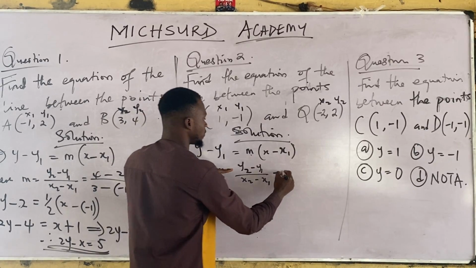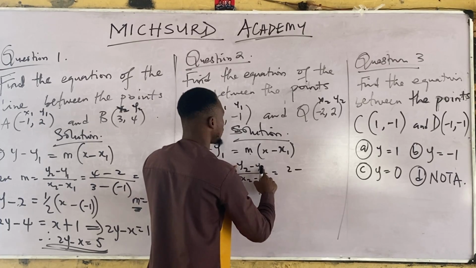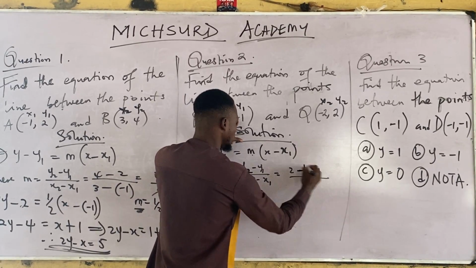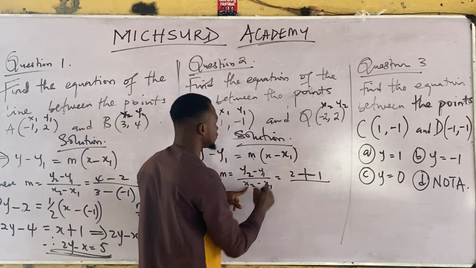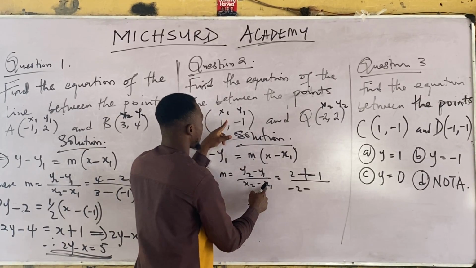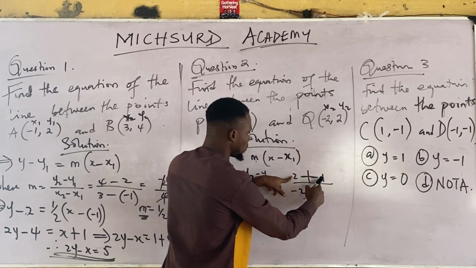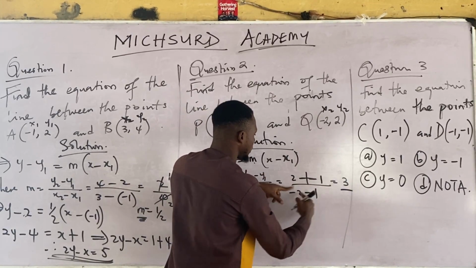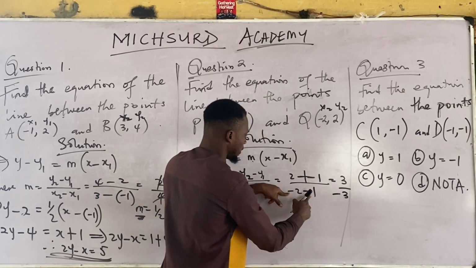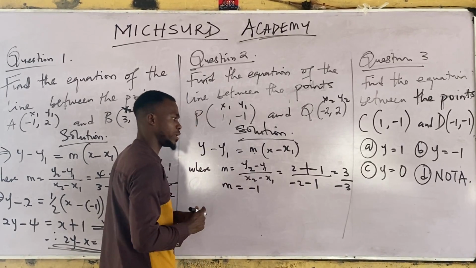If we substitute, we see that y2 here is 2 minus y1 which is minus 1, so minus minus gives us plus. Now x2 is minus 2, then minus x1, x1 is 1. So if you solve this, 2 plus 1 is 3. Then here we also get minus 3, because minus 2 minus 1 is minus 3. So that means my slope is equal to minus 1.